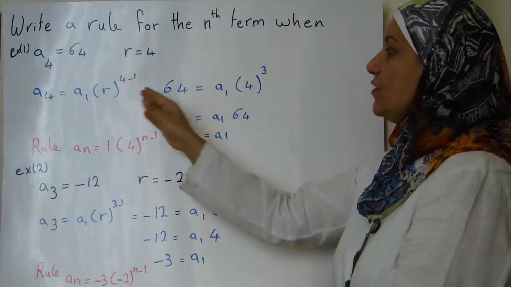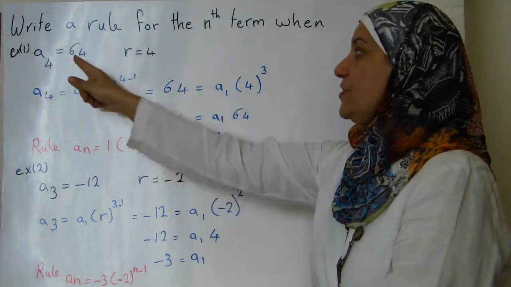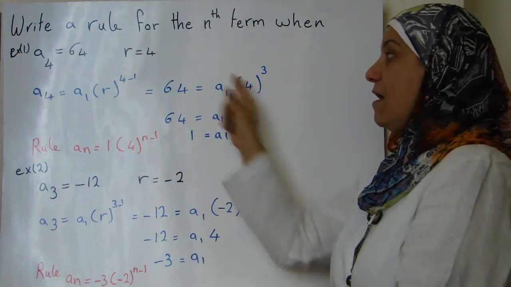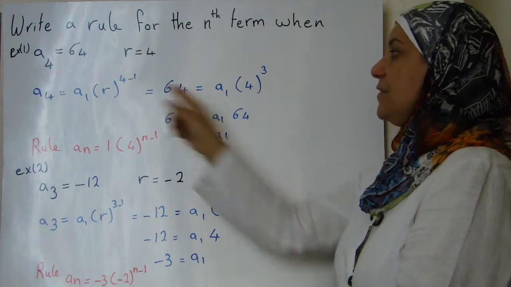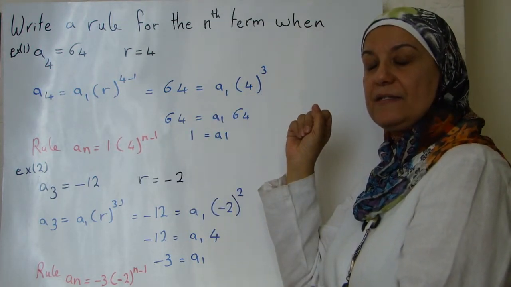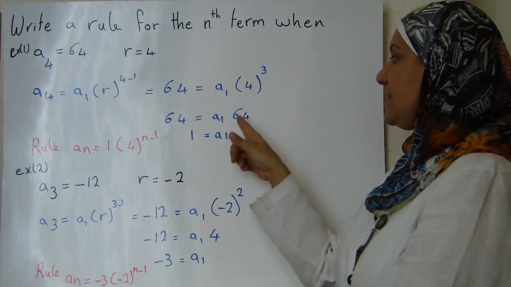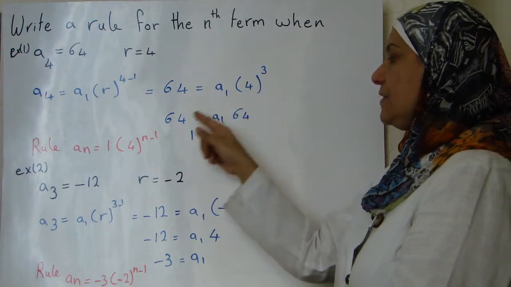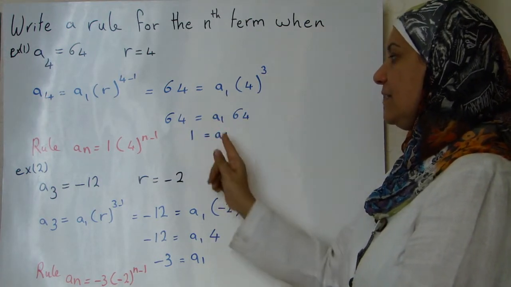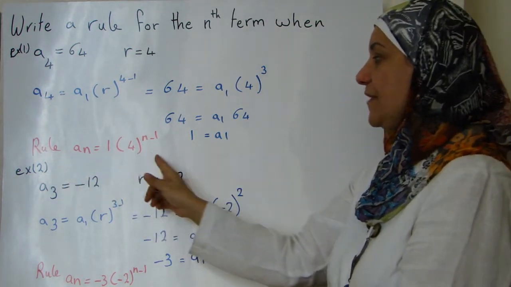Let's put what we know into this rule. a4, which is 64, equals a1, which I don't know, times r, which I know, to the power of 3, which I know also because this is the 4th term. n minus 1, which is 4 minus 1, becomes 3. 4 to the power of 3 is 64. 64 equals a1 times 64. I get a1 as 1. Now let's put a rule for that.